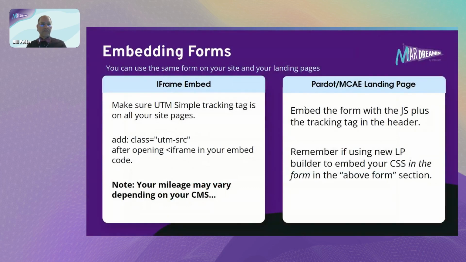So, embedding the forms. There's one other trick with embedding the forms: you need to add a class called UTM-SRC after the opening iframe in the embed code. That isn't automatic. You have to add this one. I will warn you, your mileage may vary depending on your CMS. This works beautifully in most CMSs.